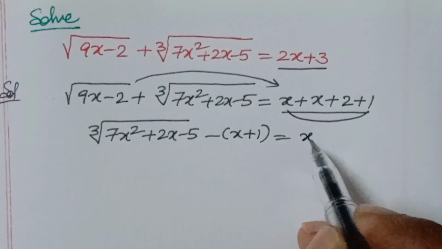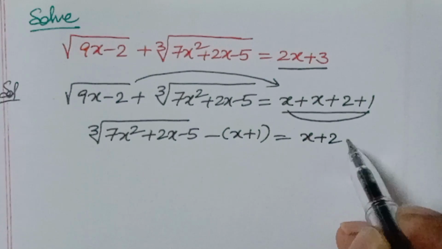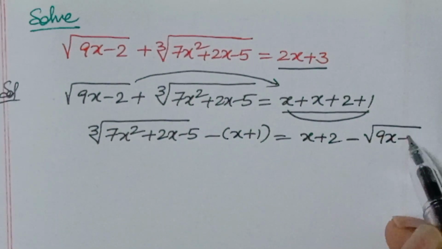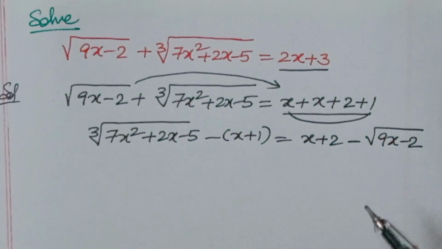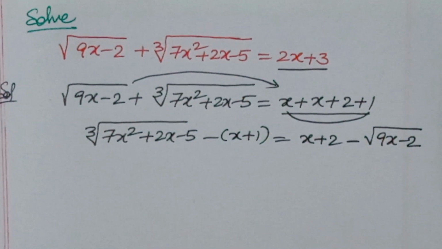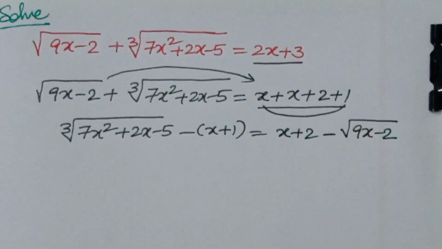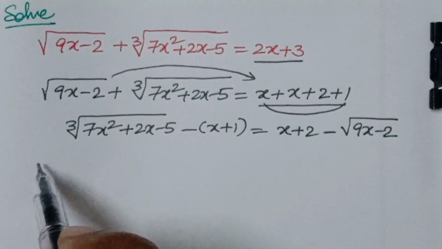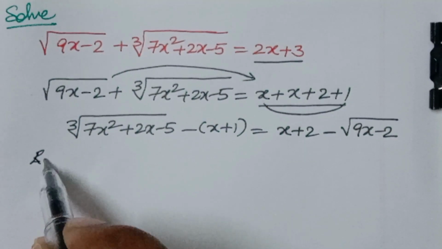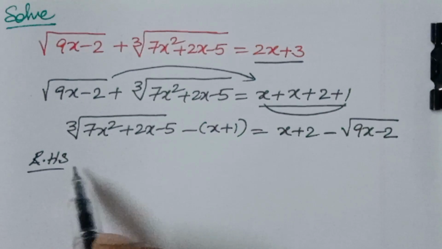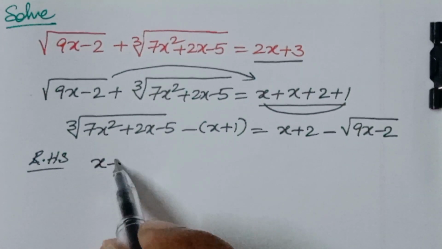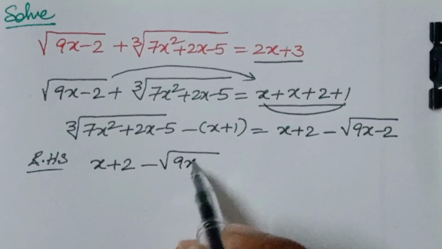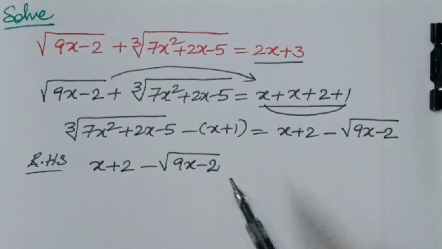So here the remaining part will be x plus 2 minus root of 9x minus 2. So this is dividing it into two parts. So here I am taking first RHS: x plus 2 minus root of 9x minus 2.